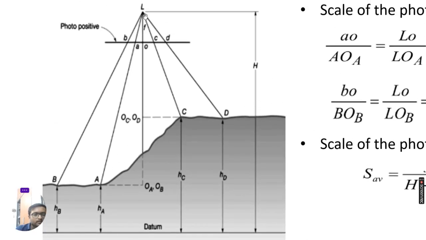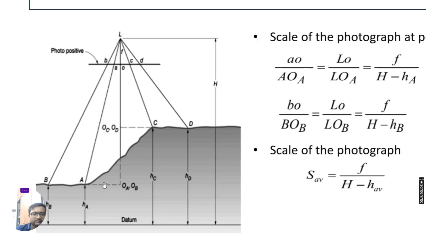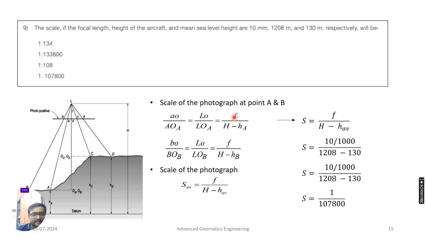If I want to find the distance between L and OA, it is the entire distance, capital H minus small ha. That gives me the distance between L and A, so I will put everything into this formula.